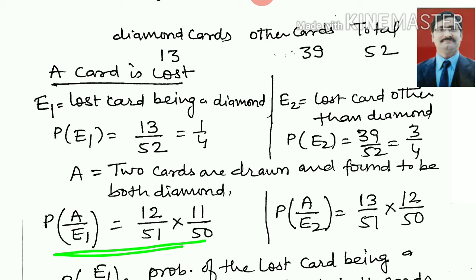So you get 12/51 into 11/50. Similarly, if another card is lost and you draw 2 cards, what is the probability that both are diamonds? That is P(A|E2), and the diamond cards are 13 with one other card lost, so total cards are 51, and we get 13/51 into 12/50.